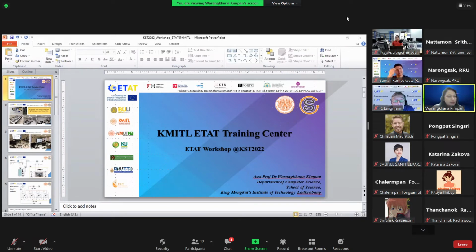As Dr. Prajak mentioned at the beginning, KMITL will propose two solutions or applications. The first one is a building automation system. The concept is about how to simulate a building or a room as an automation system, using additional equipment.